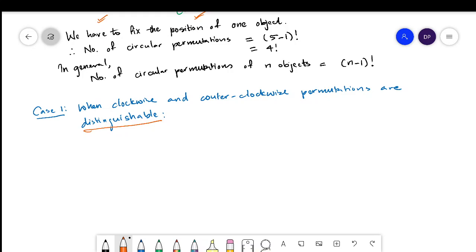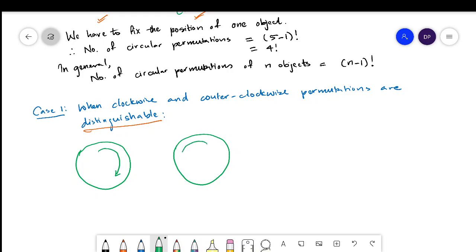Let's see what is meant by that. Again, let's take the same picture. We'll take two things: first the clockwise arrangement, and second the counterclockwise arrangement. Let's take the same five things, A, B, C, D, and E. These arrangements are in clockwise direction.